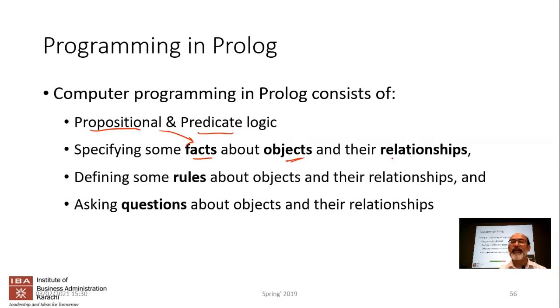You also have relationships, so you can think of methods in OOP where those relationships are indicated. Then you also have rules, which govern objects and their relationships, and we'll take a look at some examples. Finally, you can also ask questions. Now you must be thinking that yes, I could do all of this in C++ or Java. Yes, you can, but we'll use Prolog to demonstrate the concept.